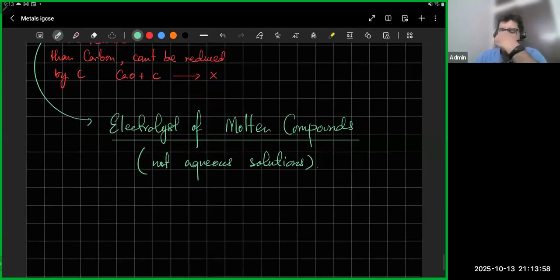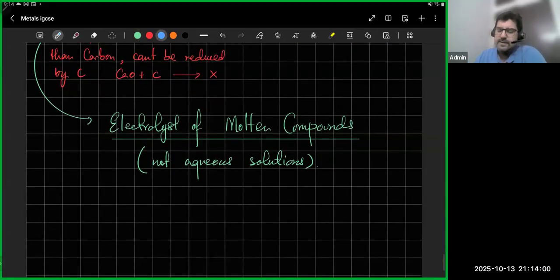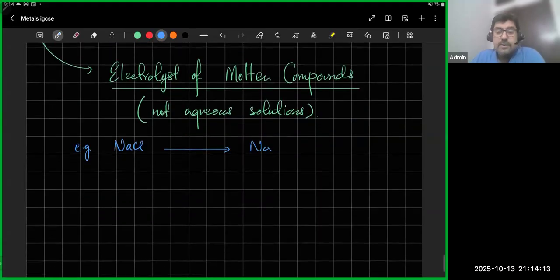So that means if I have NaCl, but how do you get sodium? The most common sodium compound is NaCl. So if I have NaCl and I want to extract Na out of it, I'm going to do electrolysis, but not of an aqueous solution.